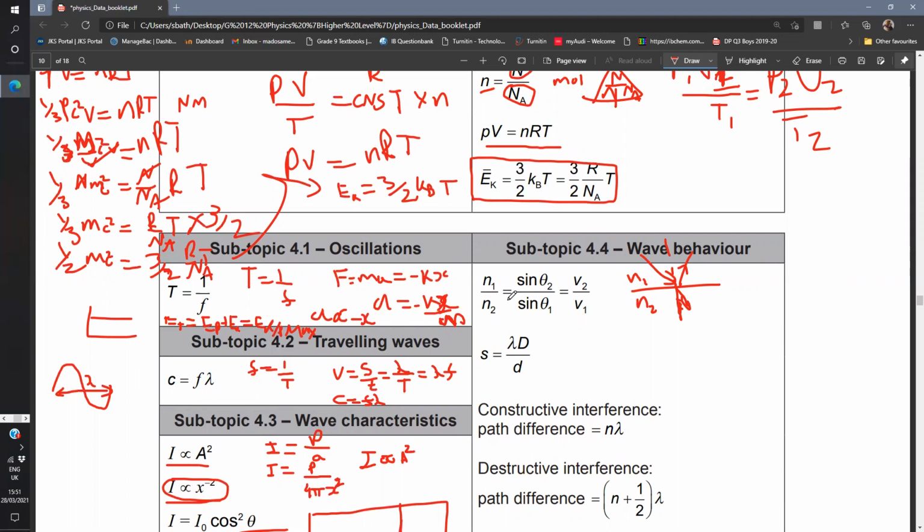However, we can derive another formula for this in terms of the refractive index of a glass cell. This is sine 1 over sine 2.